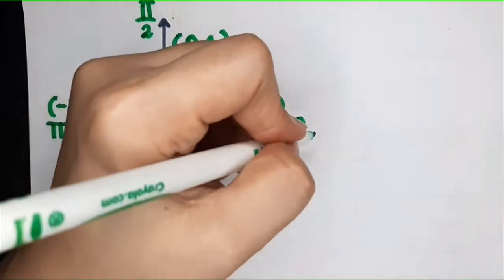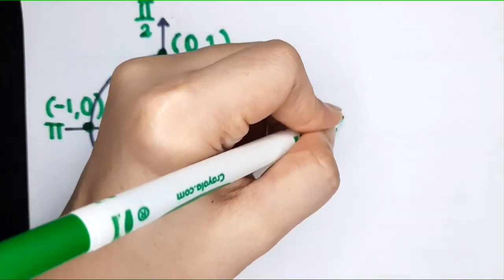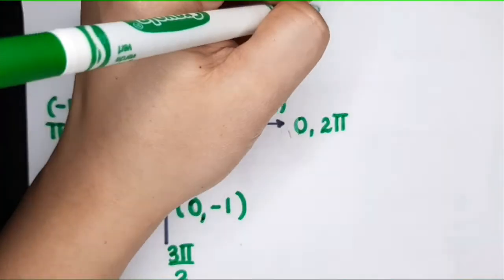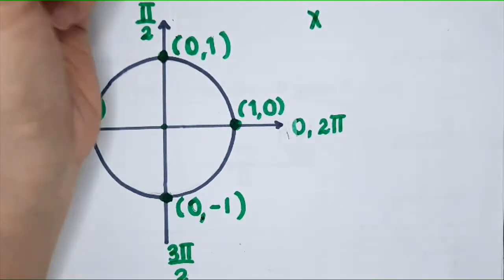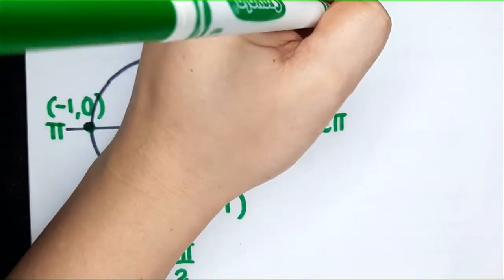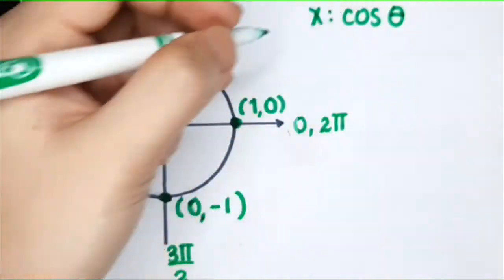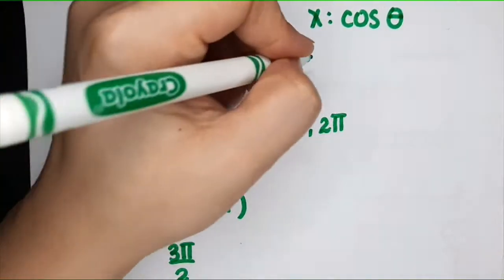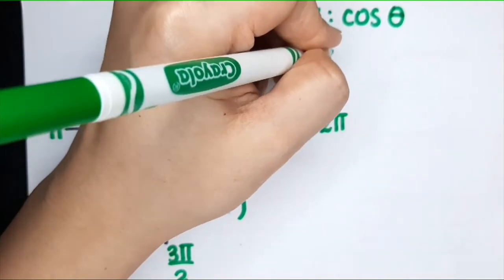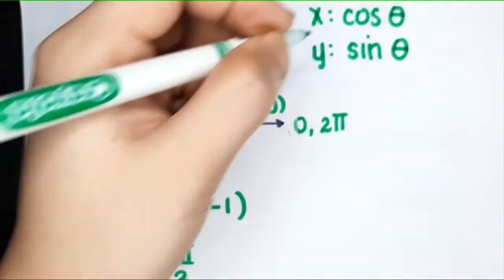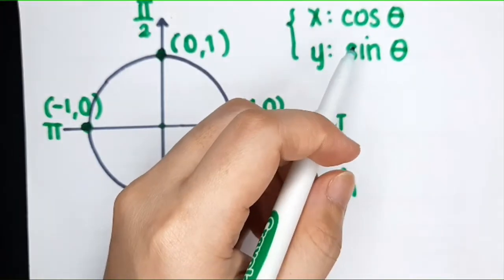Of course, you may want to write here, this is also your 2 pi. Okay, so ganito yan gamitin. Sa unit circle, if you have a unit circle, your x coordinate corresponds to the cosine of theta. And then your y coordinate corresponds to sine theta.